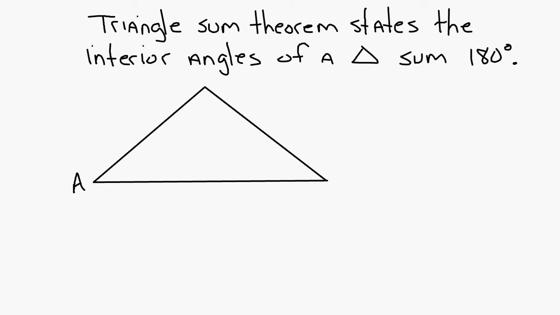So in triangle ABC here, the measure of angle A plus the measure of angle B plus the measure of angle C is equal to 180.